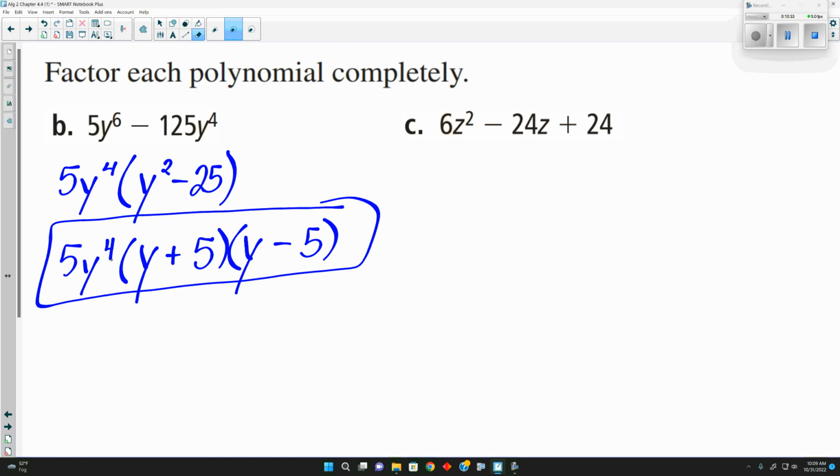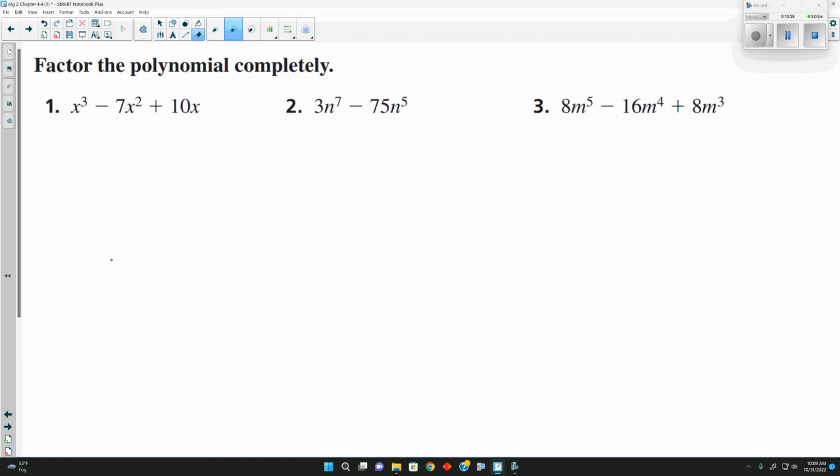Any other questions on any of this here? Okay. Do we feel pretty comfortable with most of these here? Yeah. As long as I can stop tripping over my own feet, we should be pretty good.